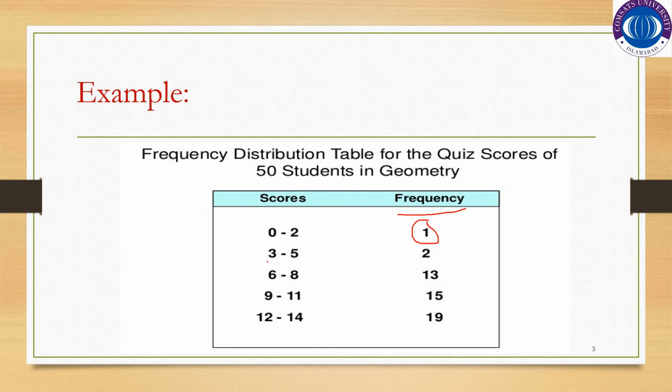Similarly, when we go to the next class 3 to 5, then the frequency is 2. What does that mean? It means there are 2 students in the class of 50 who have marks from 3 to 5. Similarly, when we go to a class 9 to 11, there is a frequency of 15. What does it mean? There are 15 students in the class whose marks lie between 9 and 11.